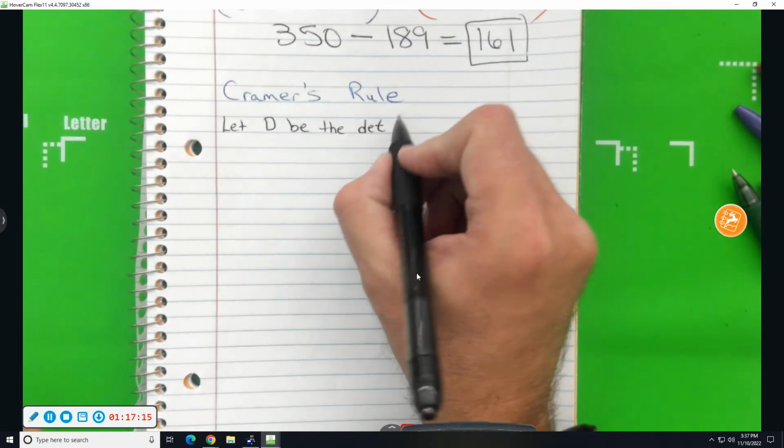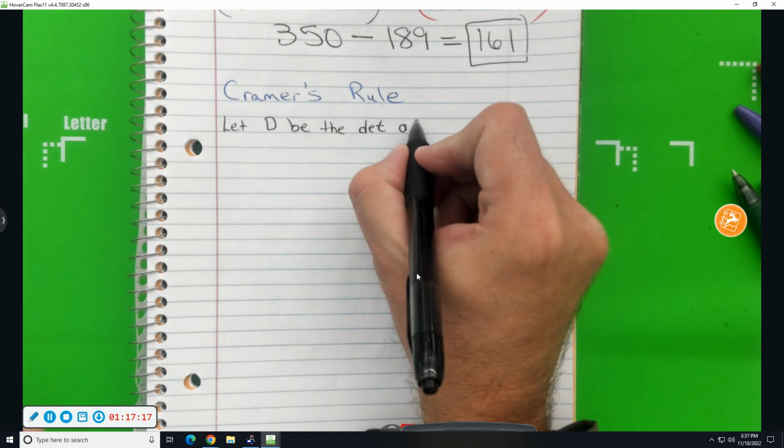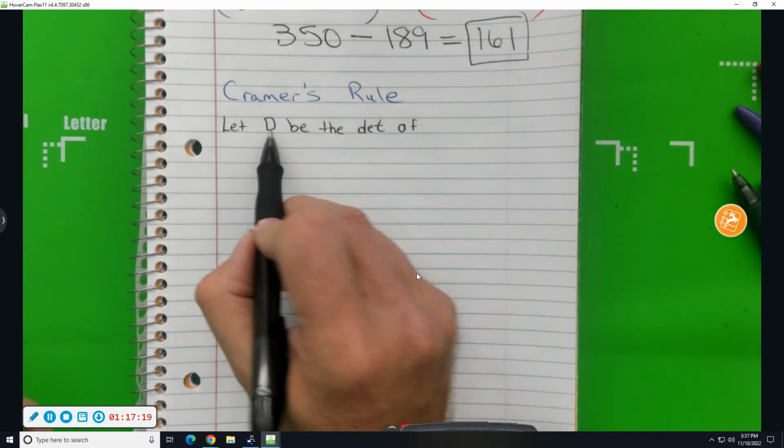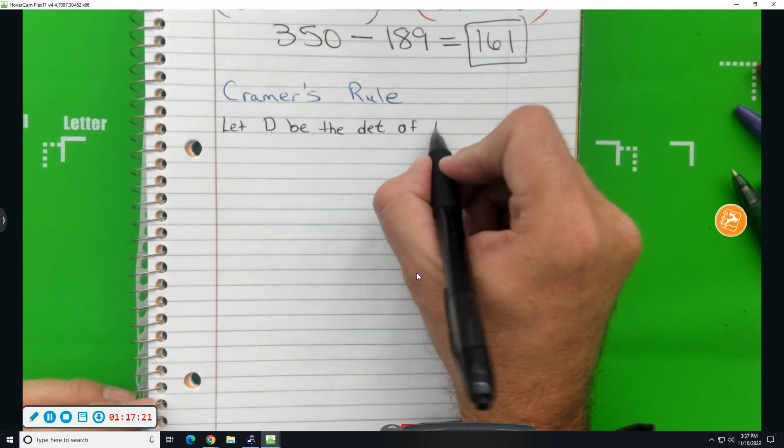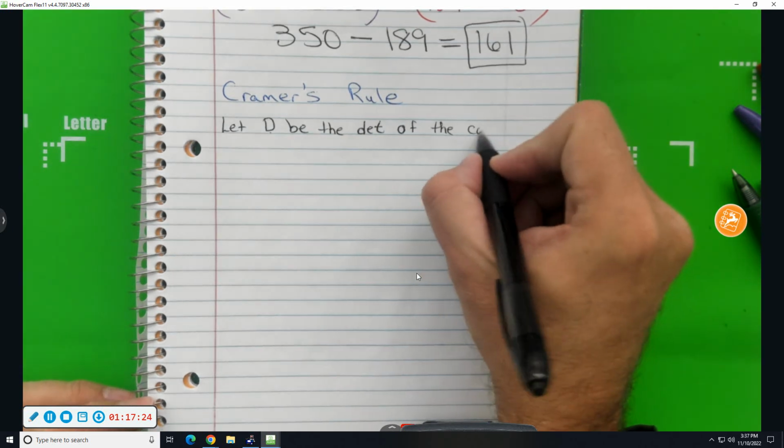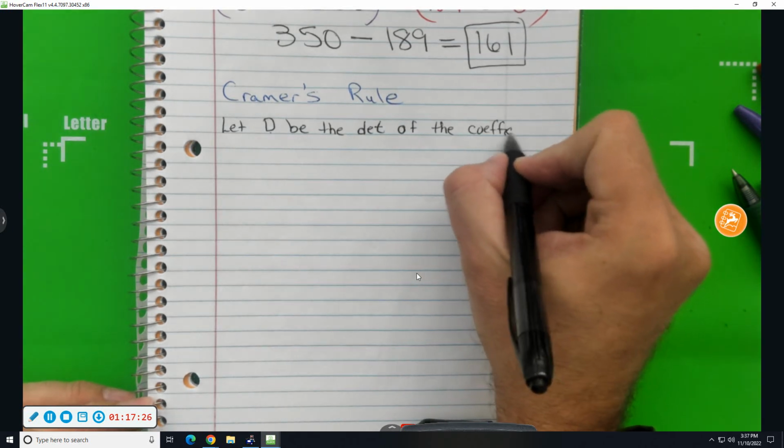Let capital D be the determinant of the coefficient matrix. You're not using the constants on the right-hand side.